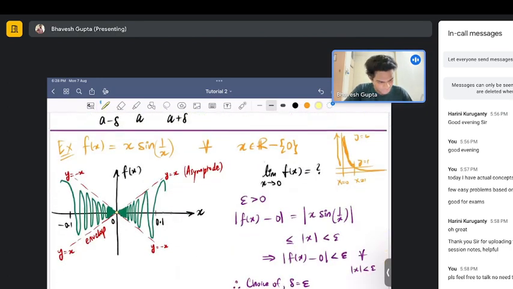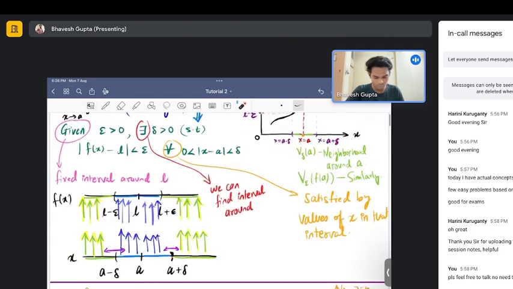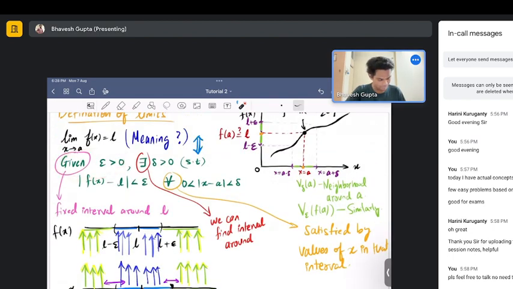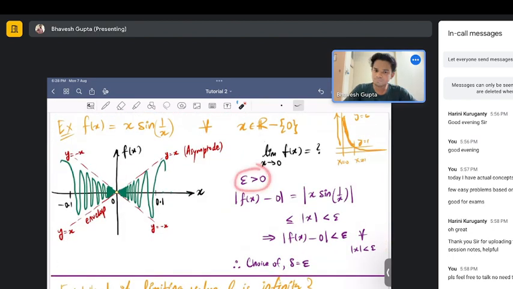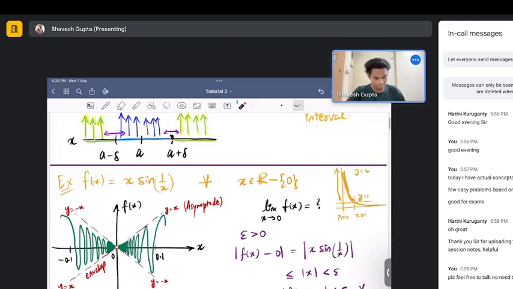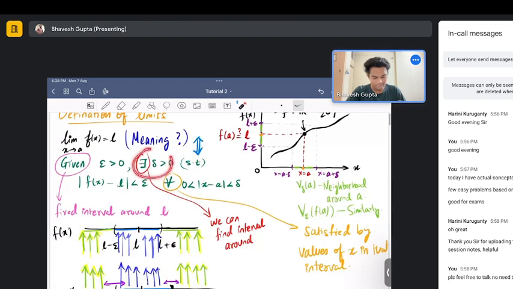So the way we study that, we first provide you an interval around the x-axis. No, sorry, whatever I said, I'm sorry. I'll repeat once again what I said. So first you need to provide me an interval, epsilon, right? As according to the rule, you give me an interval. Then I'll find what will be my delta.